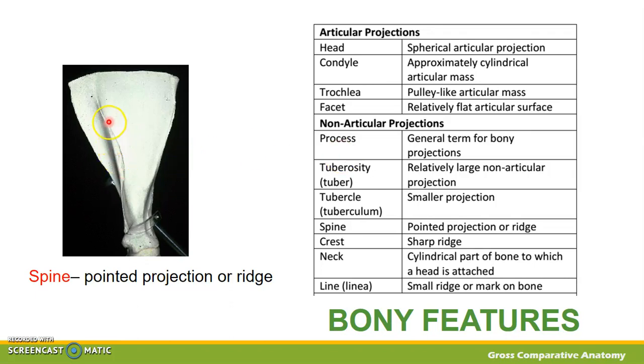Other non-articular projection, spine. It's a pointed projection or a ridge. This is the summarized articular projections and non-articular projections, and you can read them so that you will be familiar with the definition of such projections in the bone.